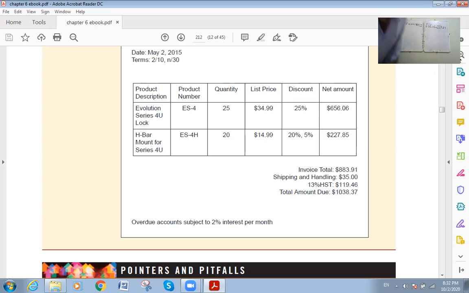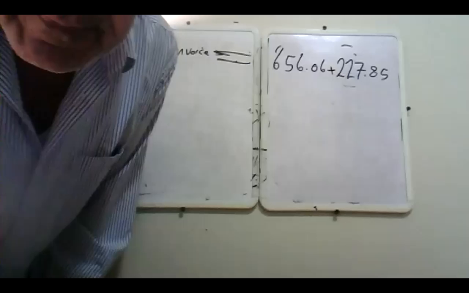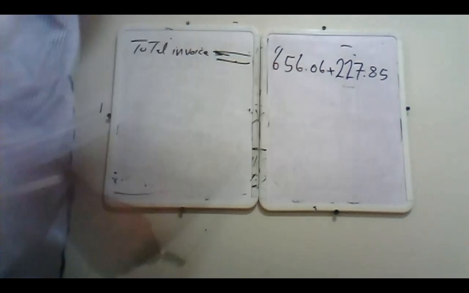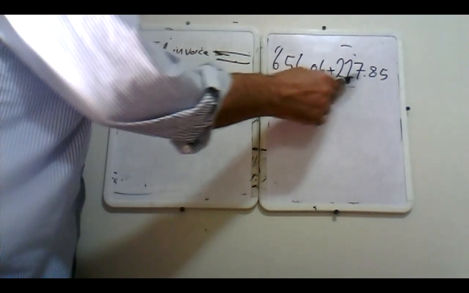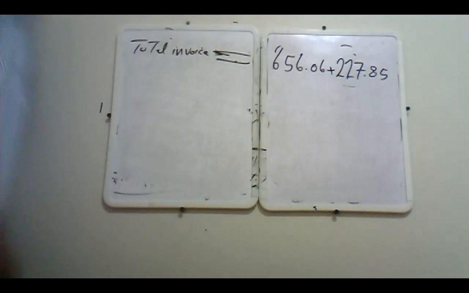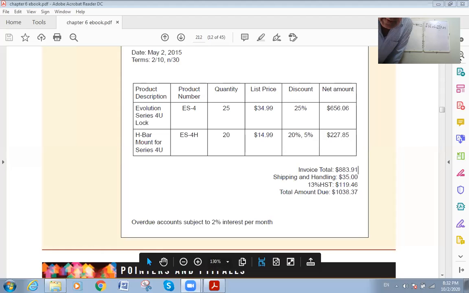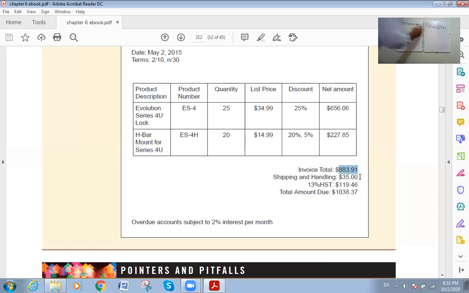Again, let me stop sharing for you to see, guys. The total invoice will be the first amount plus the second amount, 656.06 plus 227.85, and that will give me the number which you have here, 883.91. But wait a minute, I still have shipping and handling.